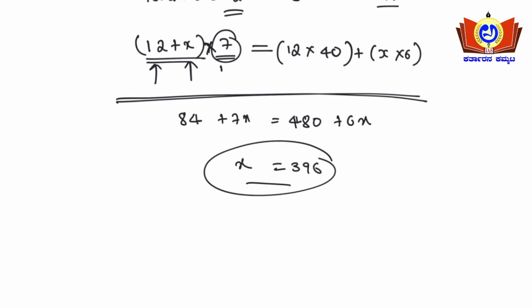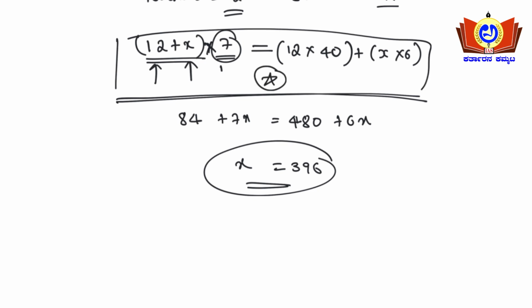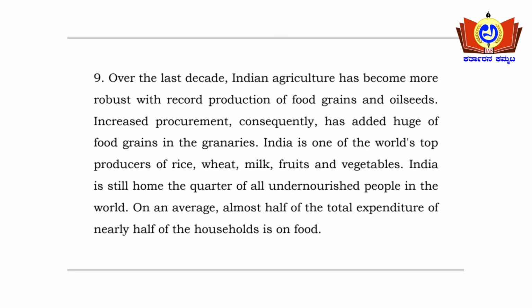So X is 396 here. What we had assumed as X, the number of students, is 396. So, a simple problem. What you need to do is write this equation in the correct manner. Okay, so moving on to the next question. Okay, this is the passage here.